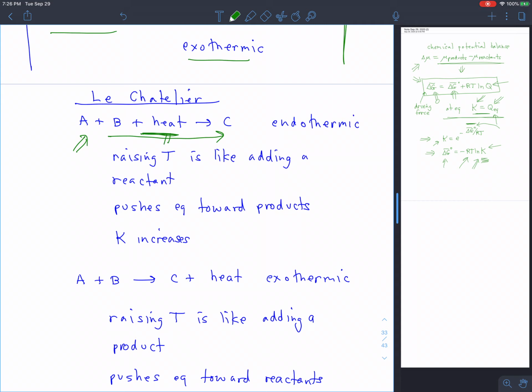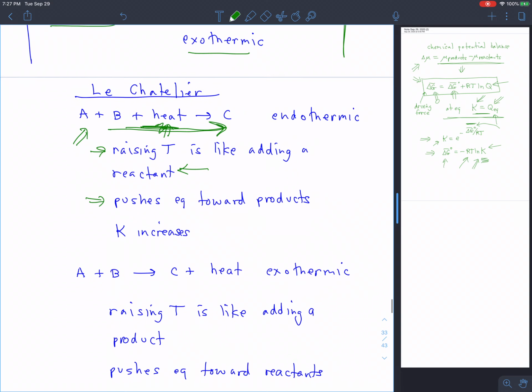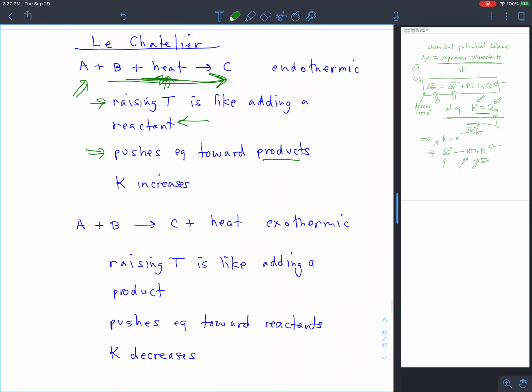So if I add heat, the reaction will try to absorb that heat, but that means moving the reaction towards products. That means raising the equilibrium constant. So raising T is like adding heat, which is like adding a reactant. That pushes the reaction towards products, and that means that K has increased.